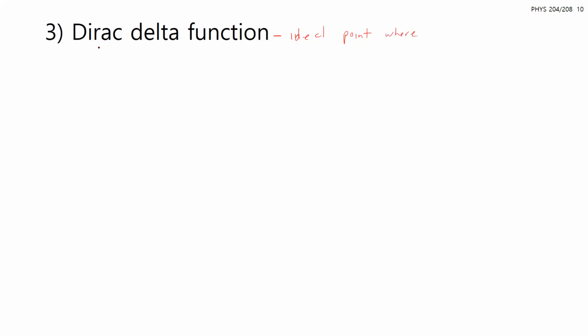It's where the function is 0 everywhere, except, to keep it simple, at a time value of 0, and its amplitude there, or the integral there, is going to be 1.